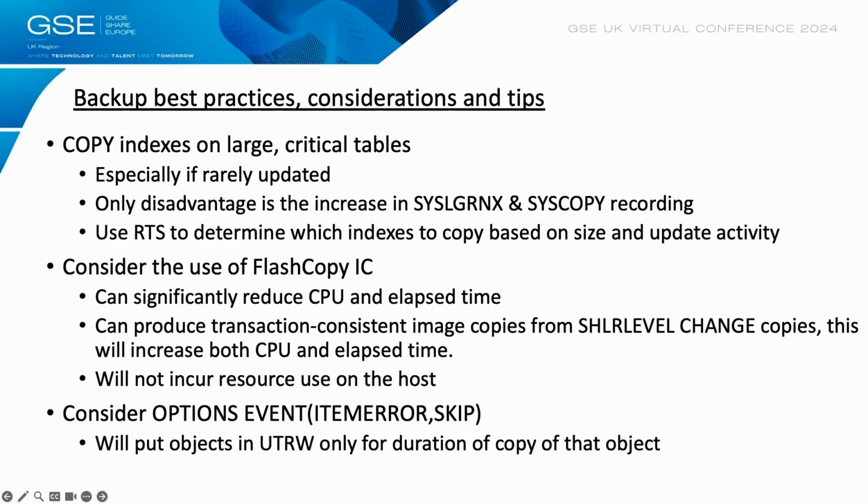So, from the copy, the use of flash copies. That's the produced transaction consistent image copies from SHRLEVEL CHANGE copies. So that's the ability to have a look at the source and the targets. We cover this a little bit differently. So when you go to read an object or recover, it will go and have a look at either the target or the source first, and then see if it's been updated, depending on which way you're doing things.